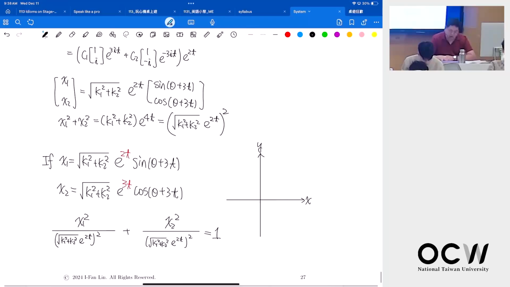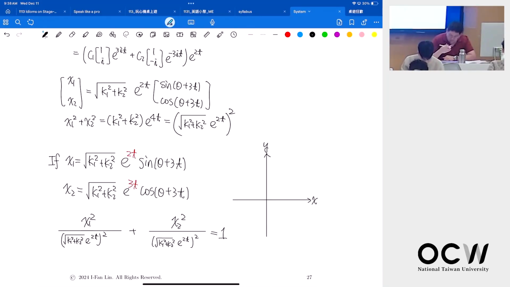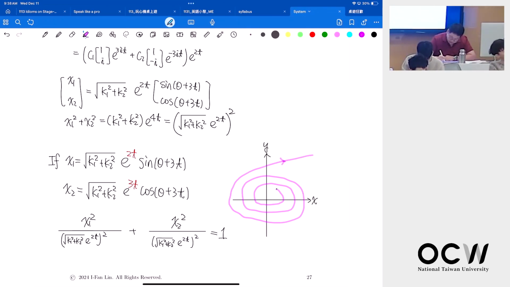The shape becomes oval or ellipse. But eventually, they will go outside because they will diverge.